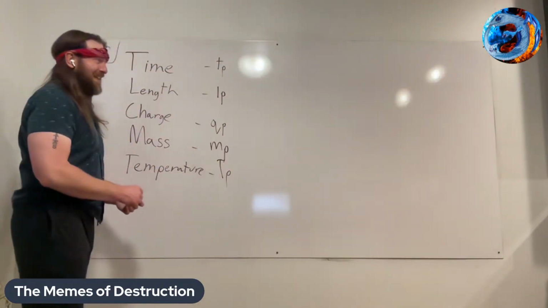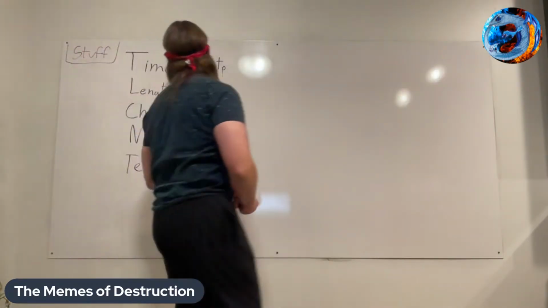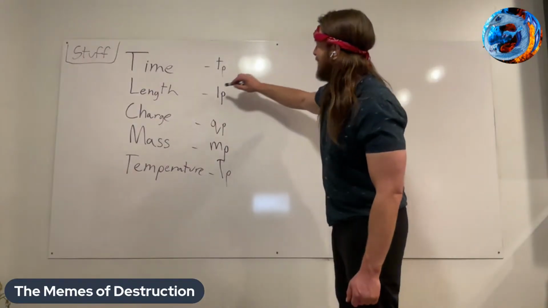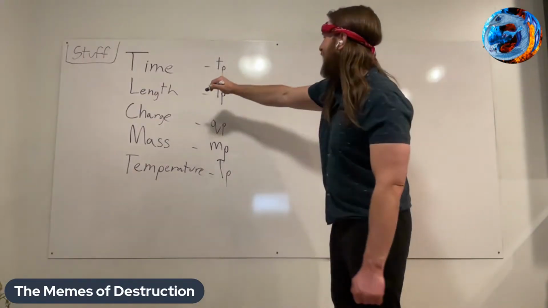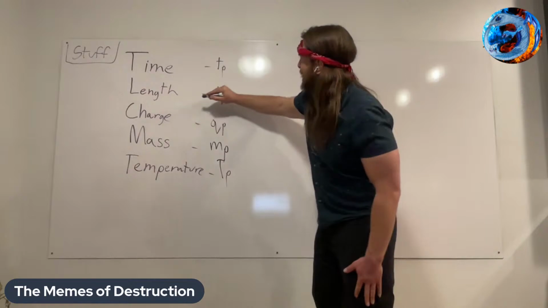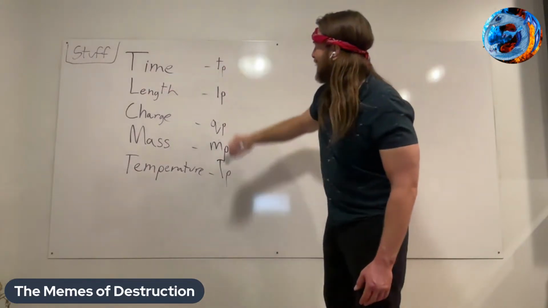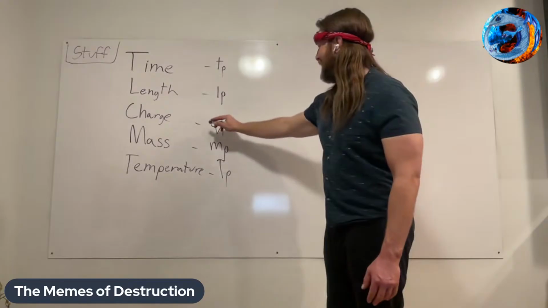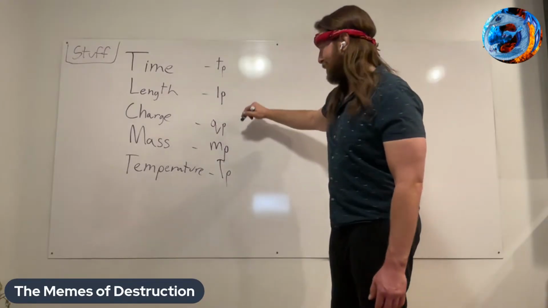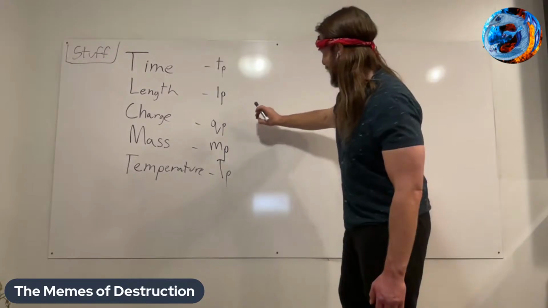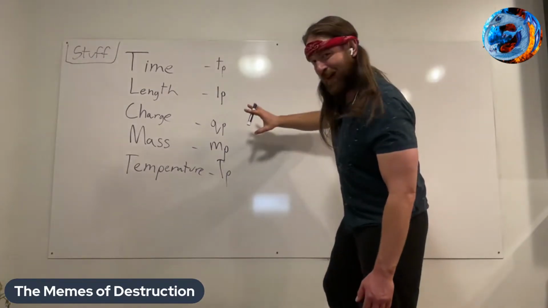Because from these, if we combine length and time, we get the speed of light, or the maximum length you can go per minimum unit of time. We got charge; some people may disagree, but I believe this is the maximum expression of charge for a thing.